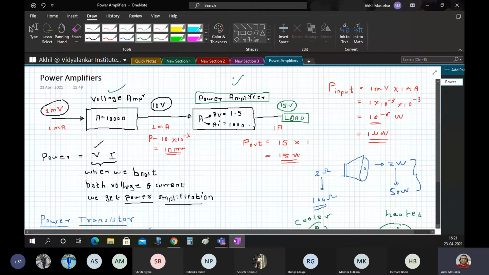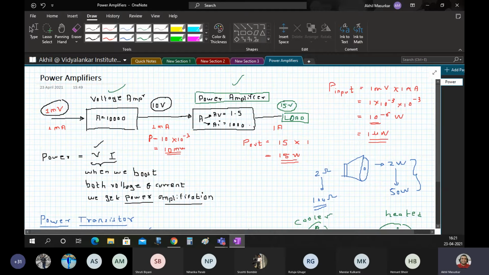To drive a power amplifier, it has to be preceded by a voltage amplifier. Otherwise, the story will be the same, that voltage is 1 millivolt and only current is amplifying. So 1 millivolt into 1 ampere will again be 1 milliwatt only. So we will again not get any increase in the power.